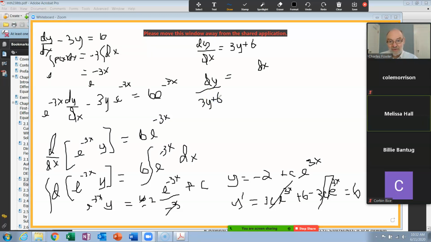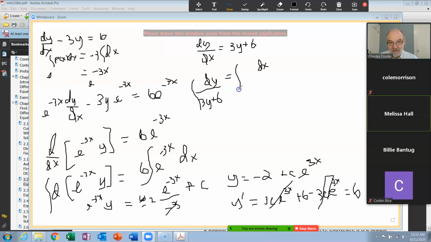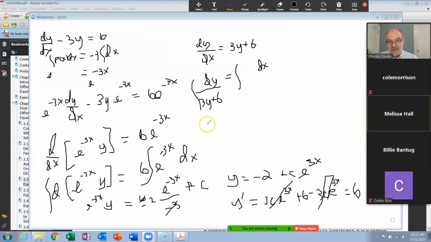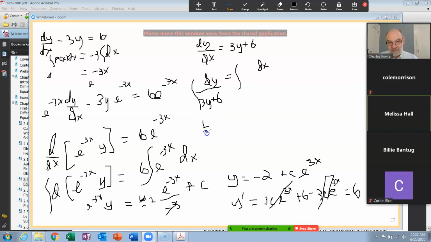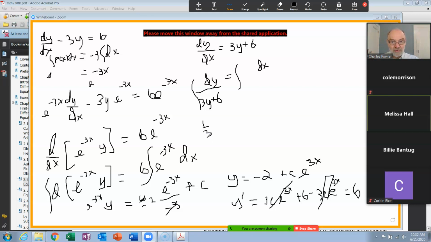Now let's integrate both sides. Now, actually, I'm going to factor out a 3 in that denominator and make it a 1/3 on the outside of that integral. And then that would have been the integral of dy over y plus 2. Okay?